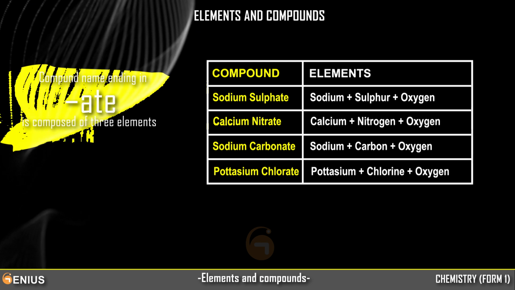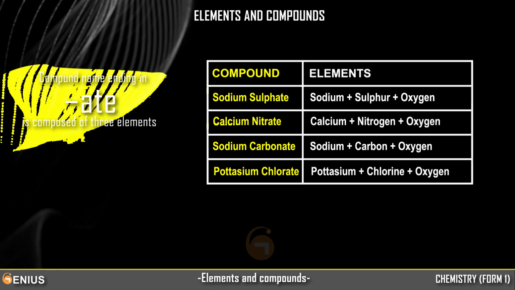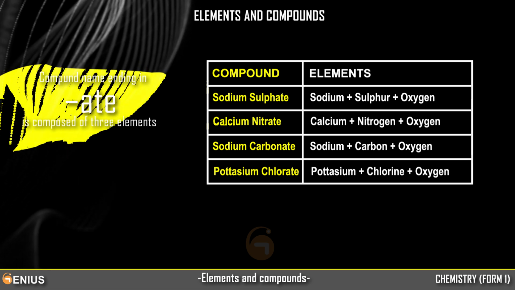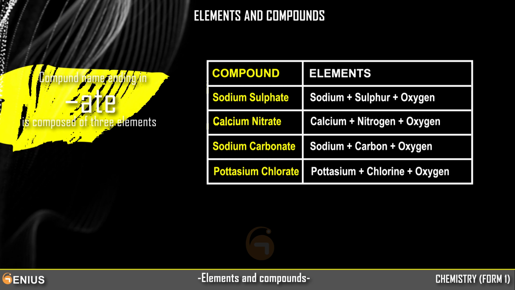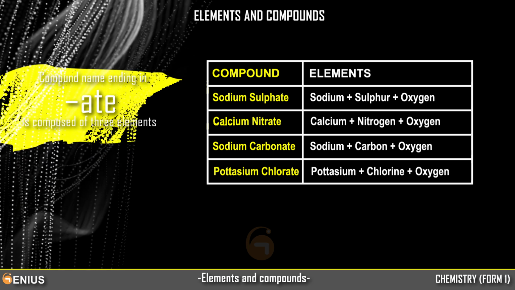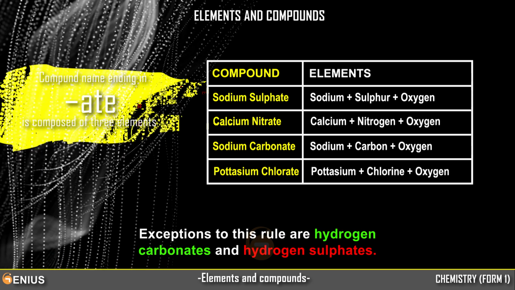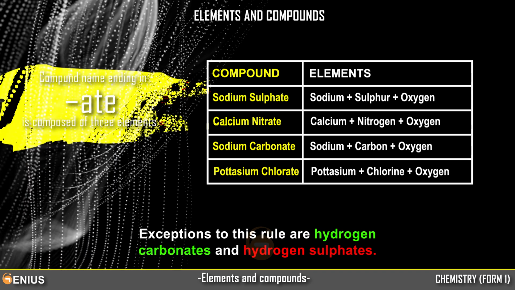Potassium chlorate is made up of potassium, chlorine, and oxygen. Calcium nitrate is made up of calcium, nitrogen, and oxygen. Exceptions to this rule are hydrogen carbonates and hydrogen sulfates.